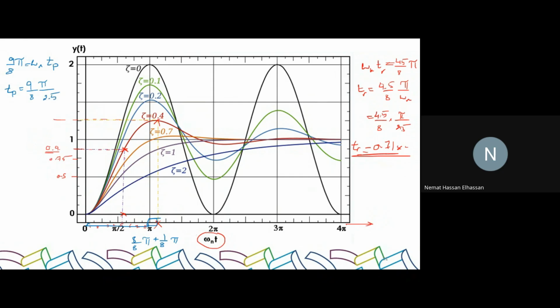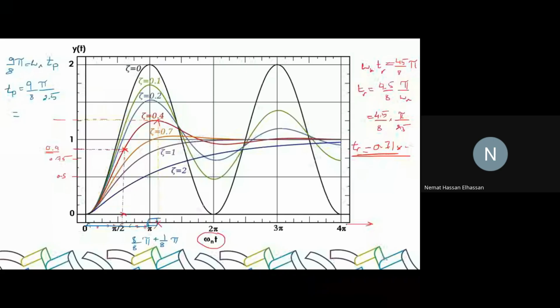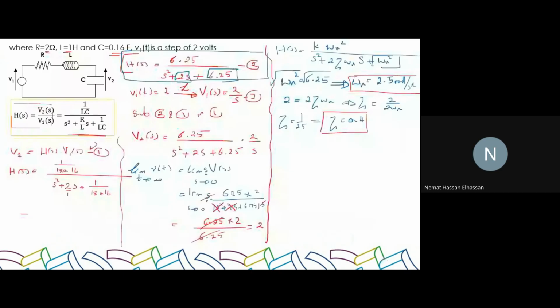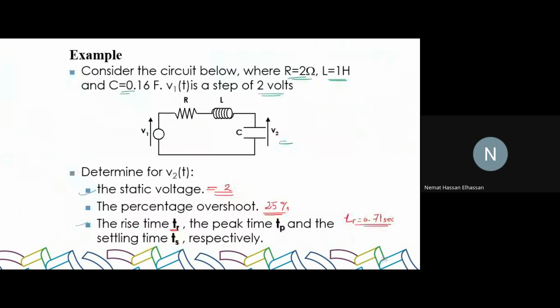We've established omega n is 2.5, so we can use the calculator, which gives a value of 1.42 seconds. So t peak is 1.42 seconds.